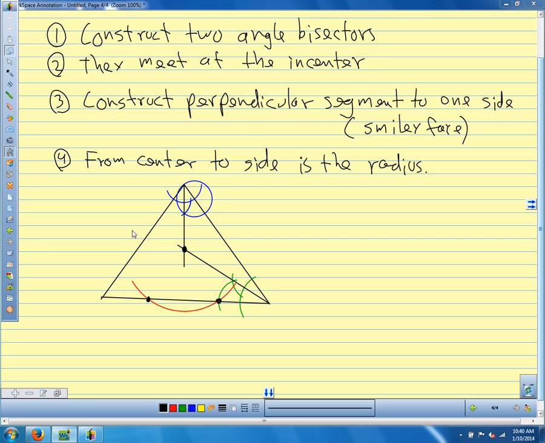So we just did those constructions. Open up more than halfway. Make an arc. Go to the other side of the segment. Make an arc. And we'll connect that to the center. There's our perpendicular bisector. And our radius is going to be the length of, I'll highlight it here, that segment. So that's our radius for our incenter.